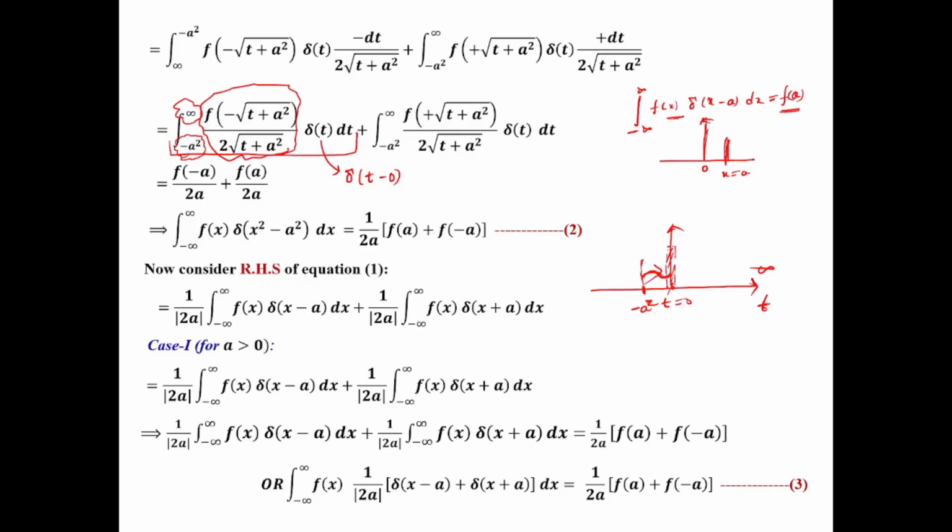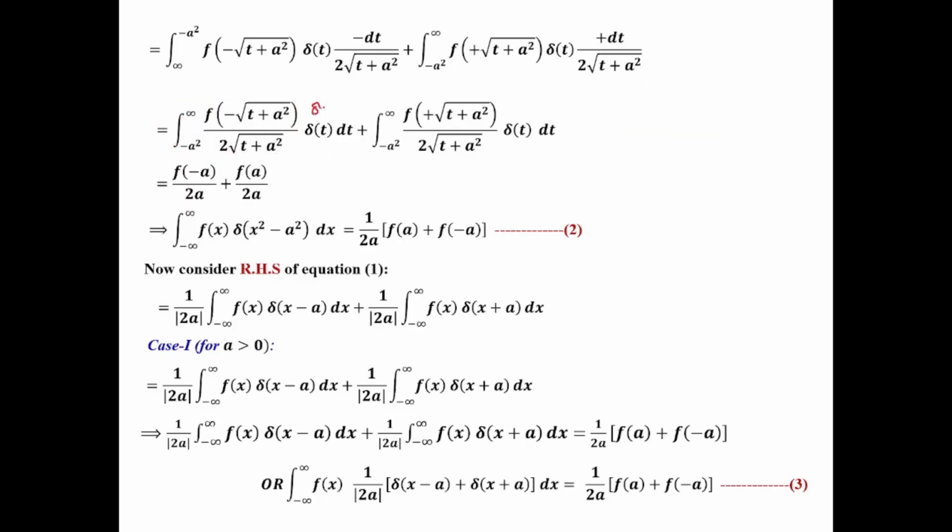So what will the value be by using the delta function? Here the so-called a is 0, so the value will be f of, carefully observe here, this is delta t minus 0, so this will be f of minus root over 0 plus a square by 2 root over 0 plus a square, or we can find f of root over a square, which is nothing but minus a by 2 root over a square, and root over a square is a.